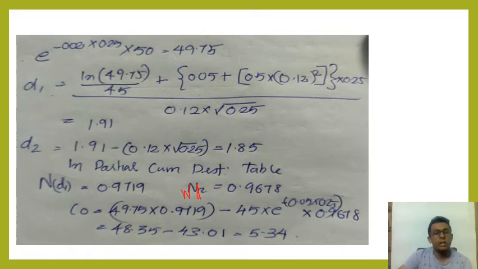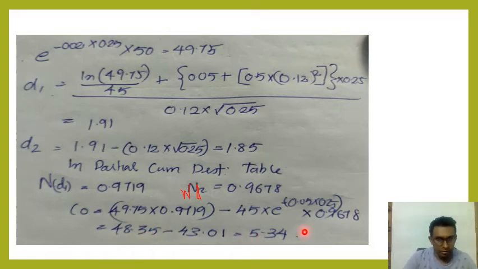C0 is equal to 49.75, which is calculated over here, into 0.9719, minus 45 into e raised to minus 0.05 into 0.25, into 0.9678, which gives the answer 5.34.